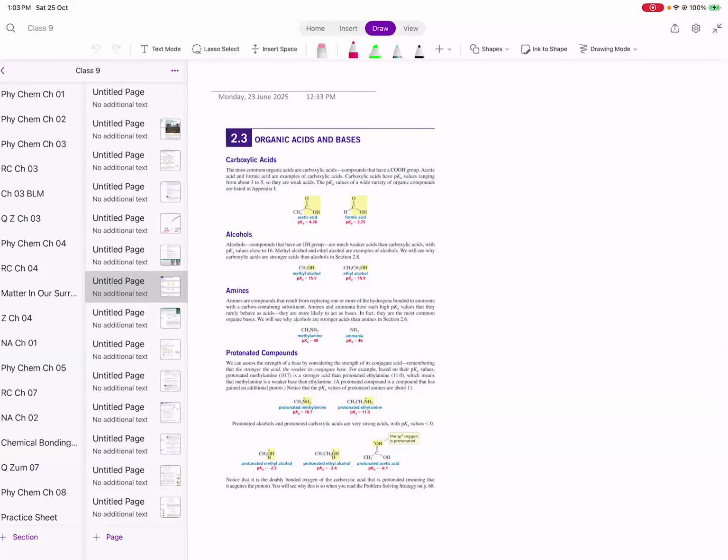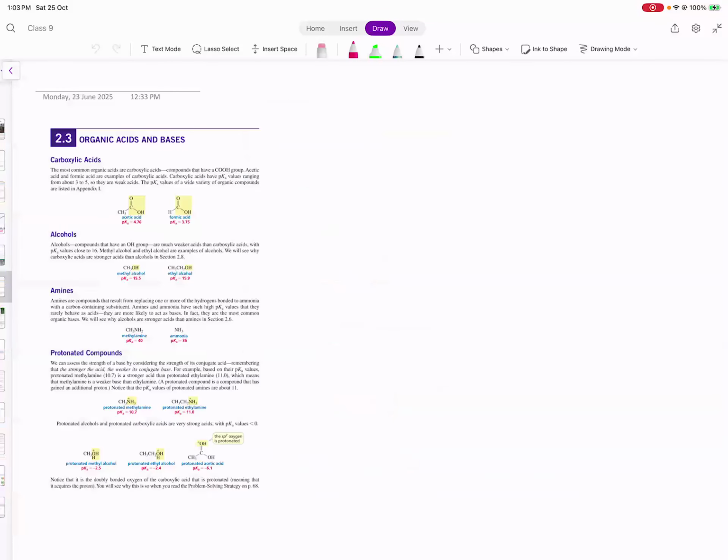Okay. Now we are going to come to organic acids and bases. Carboxylic acids. What are carboxylic acids? Compounds that have a COOH group.